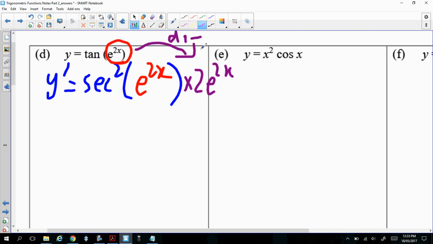Which will become 2. I usually like to write the small function in front, so it reads better. 2 e to the power 2x, sec squared e to the power 2x.